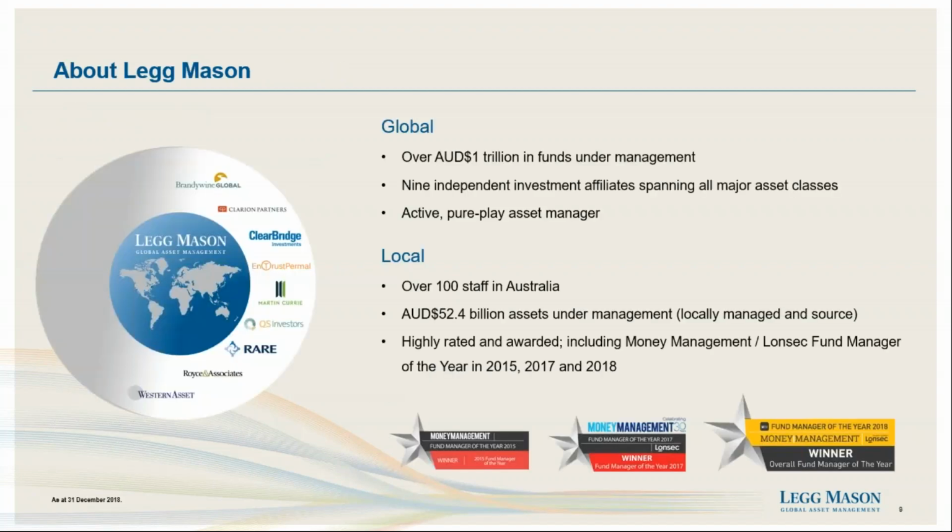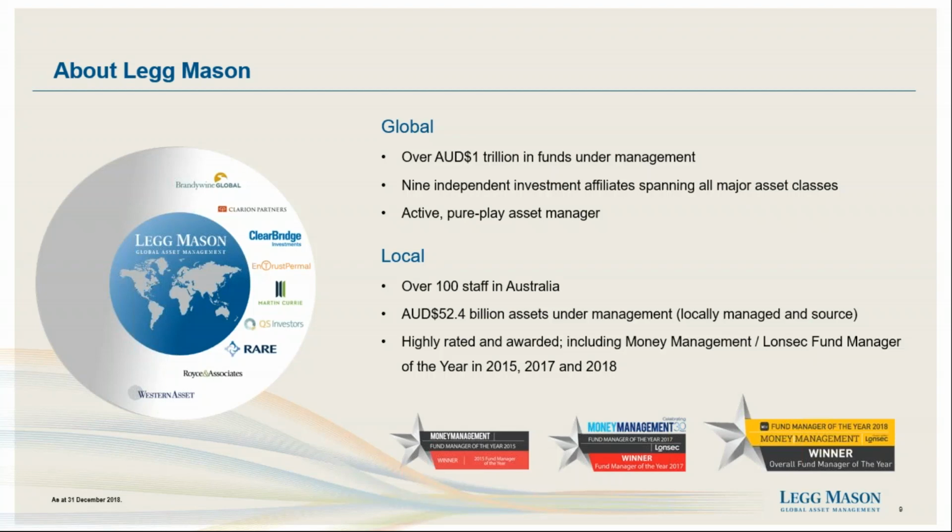Okay, quick introduction to Legg. Many of you will know us, some of you will not. A few facts. We're quite a unique beast in the marketplace. We are a company that owns 9 independent asset management firms, and those asset management firms are specialists in their own asset classes.